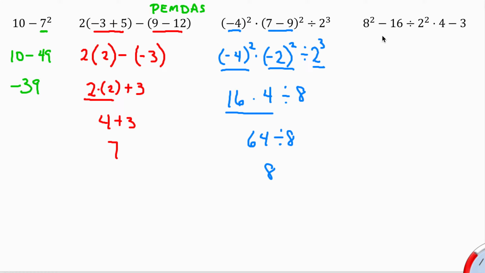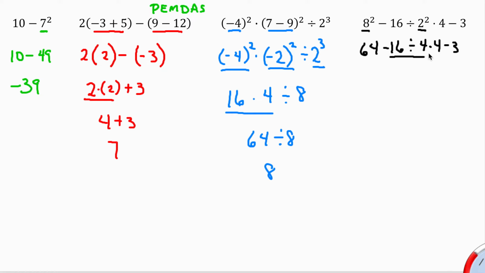Okay, no parentheses, but here's an exponent and here's an exponent. 8 times 8. Everything else is going to stay exactly the same except the exponents. 2 times 2. Okay, so now multiplication and division. So I look across, oh, look at this.